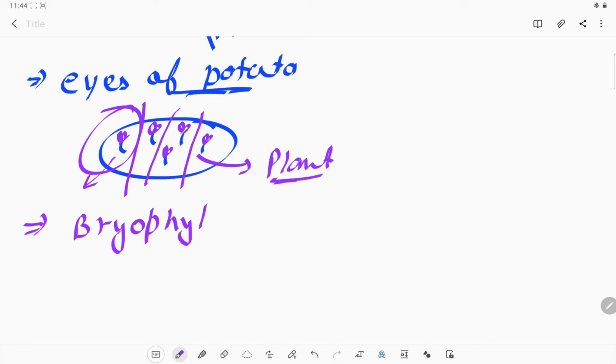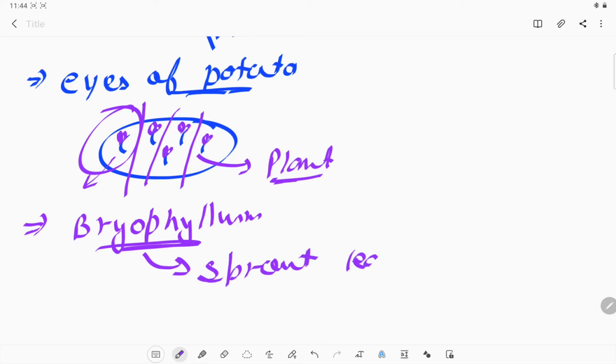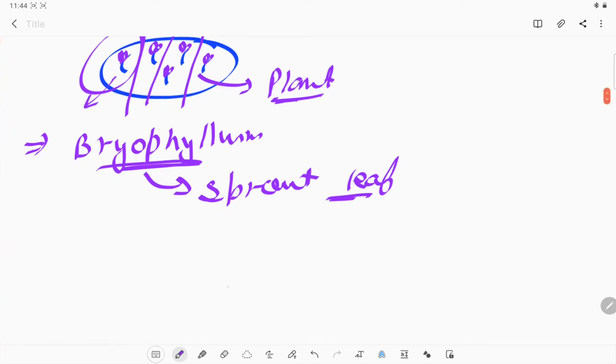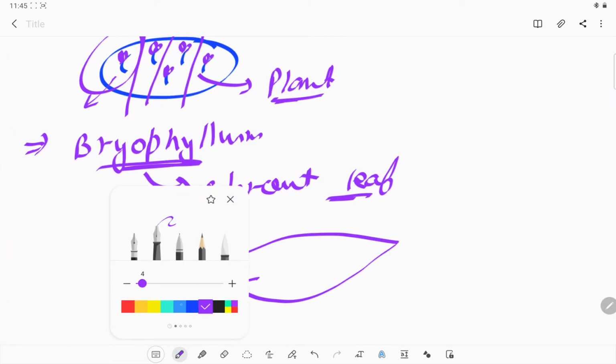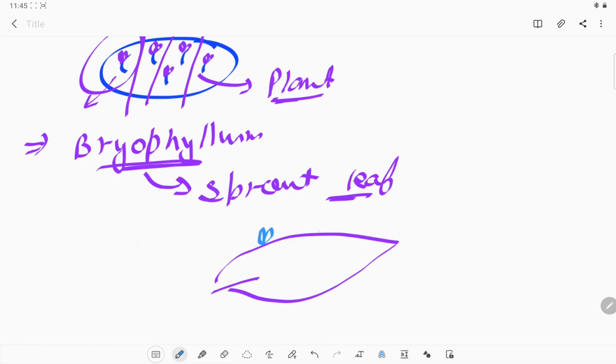Okay, next is the bryophyllum. Bryophyllum is a very good example of sprouting of leaf. Normally, the margin of the leaf, this is the leaf of a bryophyllum, and on that margin the new plants start growing up. New leaves are starting to take place.